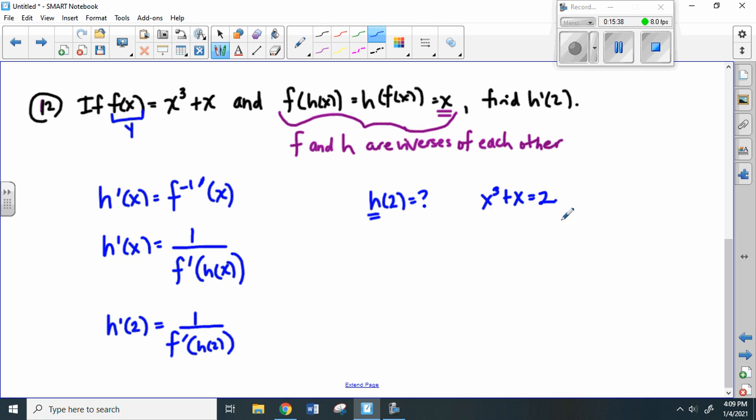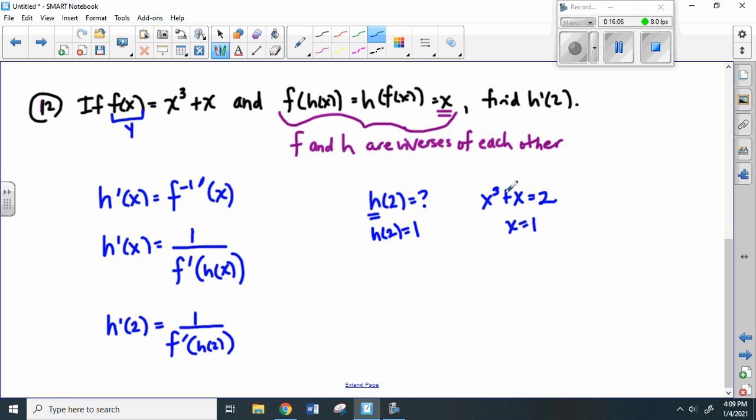Okay? Now, this one's not terrible. What number cubed plus the same number by itself will give me 2? Well, if you just start checking a few numbers, all right, 0 plus 0 doesn't give it to you. How about 1 cubed plus 1? Will that give you 2? Yes, it will. Okay, so then the x has to be 1, which means h of 2 equals 1.